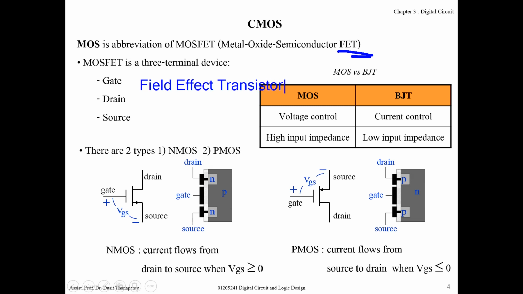Field is actually electric field. That means the transistor is actually like a resistor that can vary its resistance. So the resistance of the transistor can change by electric field control.